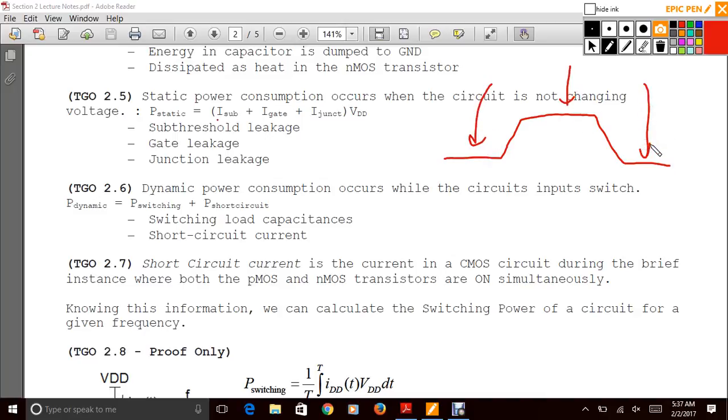So we have the sub-threshold leakage plus the gate leakage. So you have all these leakages that are occurring between the different diffusion regions and the biases and the bases and the SiO2s and the gates, and then junction leakage. So this is just a fundamental equation here.